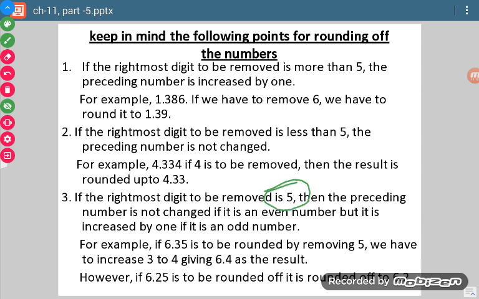Now it comes to 5. Suppose the next number is 5. Just like in this case, 6.35. We have to round it off to 2 significant figures. Then we have to stop at 3. But the next number is 5. Since the next number is 5, we need to check the previous number.